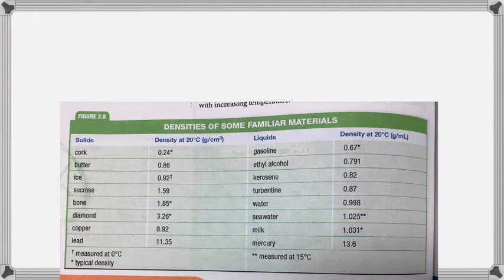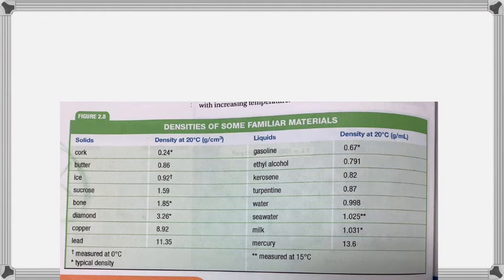Mercury is a metal that is a liquid at room temperature. As I'm looking at the different densities of each of these, hopefully you remember, but as a refresher, if you put two of these together at two different densities, the lower density substance will float in the more dense substance.